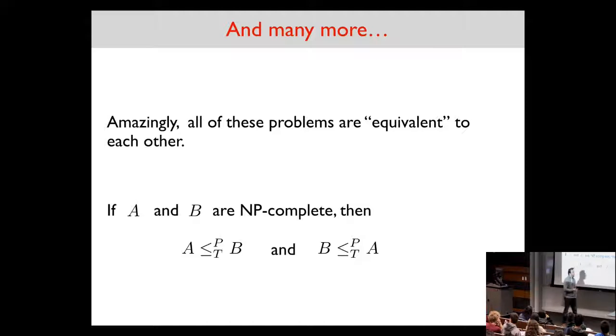Because if A and B are NP-complete, then by definition A reduces to B and B reduces to A. If B is NP-complete, that means every problem in NP reduces to B, but A is in NP, so A is one of those problems that reduces to B. Similarly, if A is NP-complete, every problem in NP reduces to A, but B is one of those problems, so B reduces to A as well.